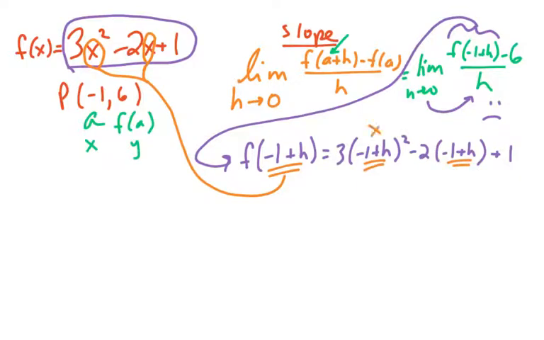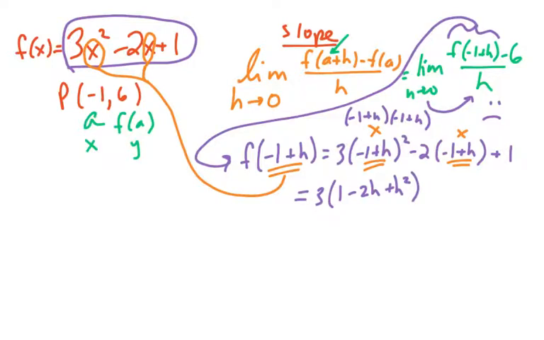Okay, well, let's simplify that because we can do a little bit of FOILing, a little bit of multiplying. This is 3 times, okay, in your brain, you're thinking negative 1 plus h times negative 1 plus h, right? We can't distribute the 2. That's bad algebra. Okay, when I FOIL that, I should get 1 minus 2h plus h squared once you do all the hard work.